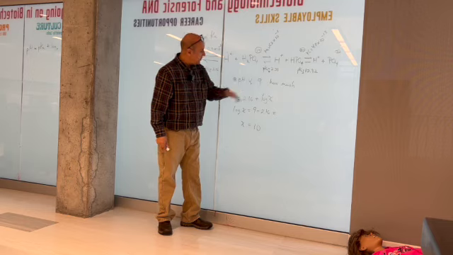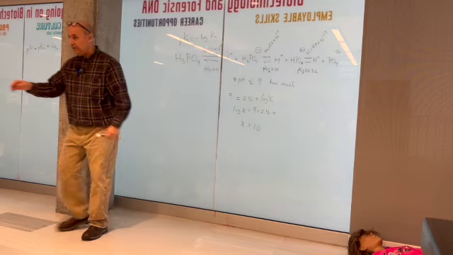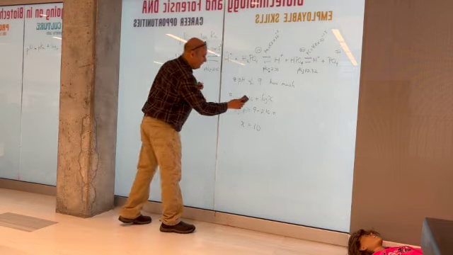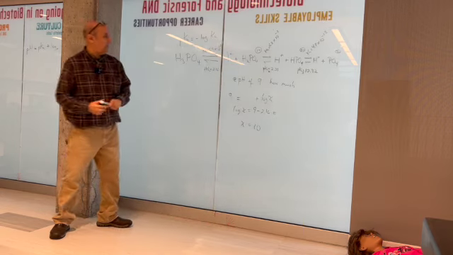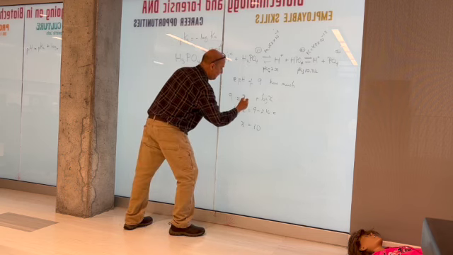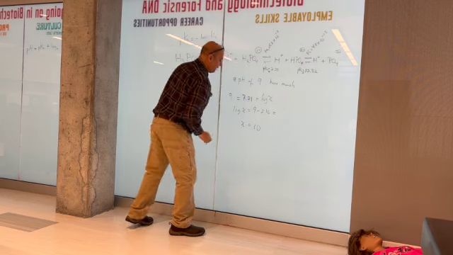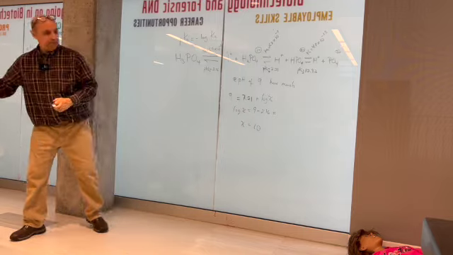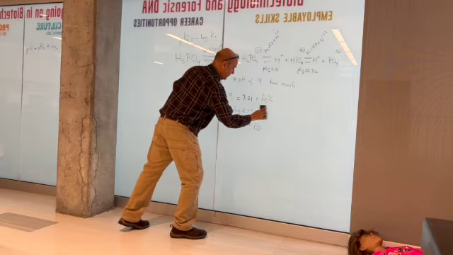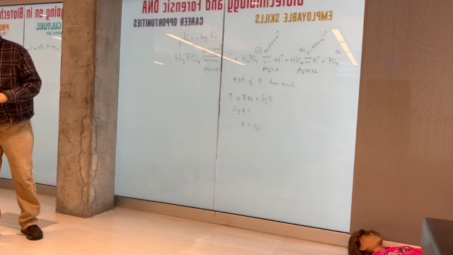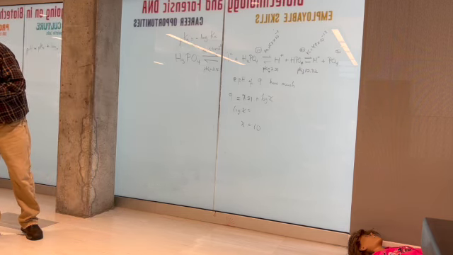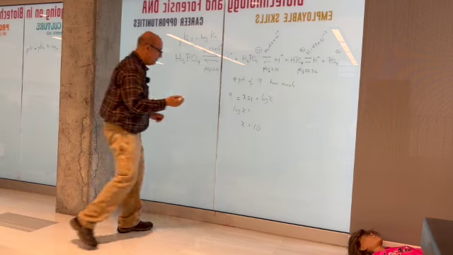But now we are at pH of 9. So let's fix this to a reasonable entry. We are now at a pKa of 7.21. Let me just do the math here. 9 minus 7.21 is 1.79.